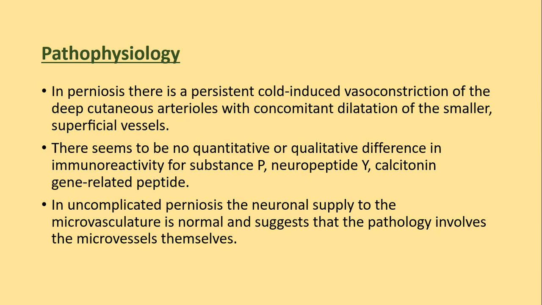In uncomplicated perniosis, the neural supply to the microvasculature is normal and suggests that the pathology involves the microvessels themselves. So it is not the cytokines, it is not the nerve fibers, but it is the microvessels themselves that are involved.